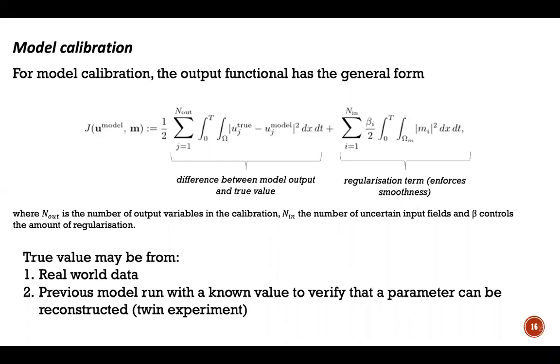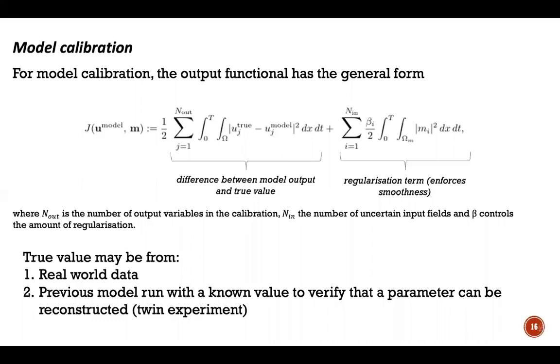The other tool that we use as a verification tool is something called a twin experiment. What you do is you run your model once with a known value, for example, let's say you pick alpha is 1. I don't know what alpha is, I'm just picking an example. Then you take your output and make this the true value.